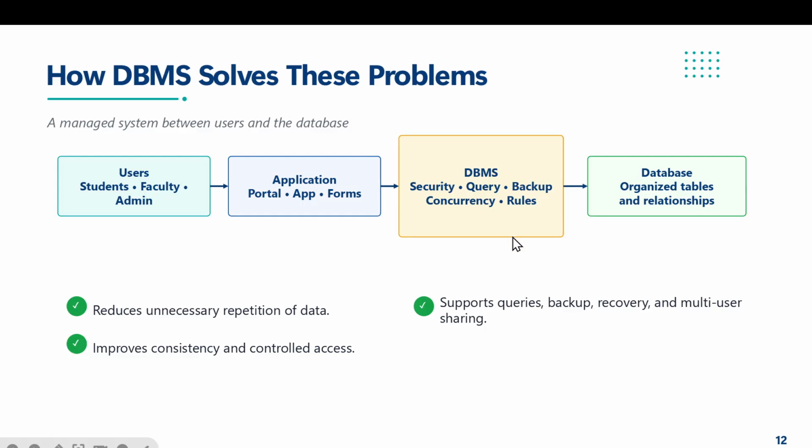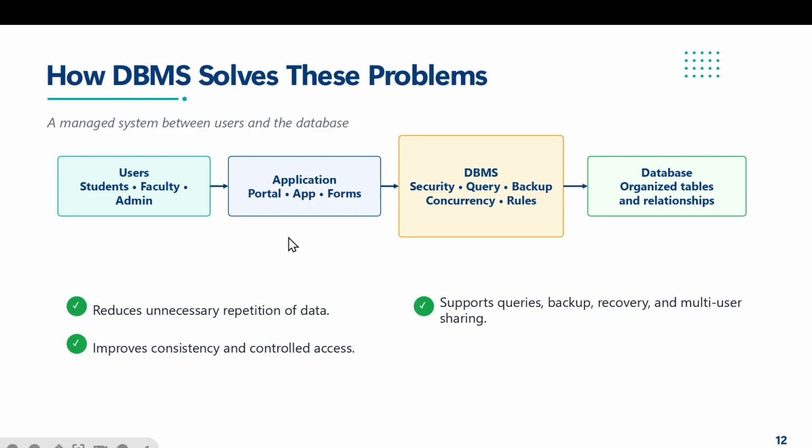The DBMS controls security, queries, backup, concurrency, and rules. So the actual data is stored in the database as organized tables and relationships. So DBMS acts like a managed system between the users and the database. So it is acting as a bridge between the users and the database.